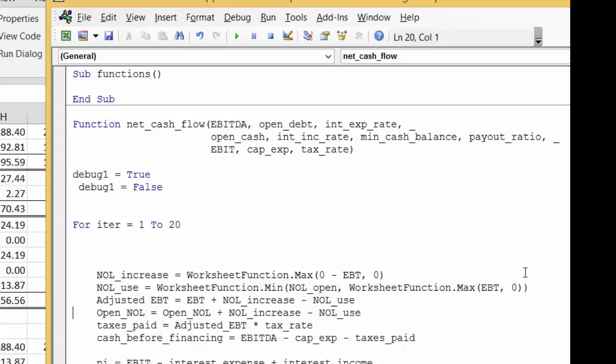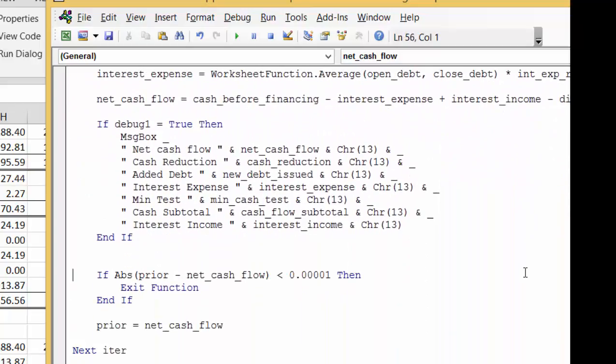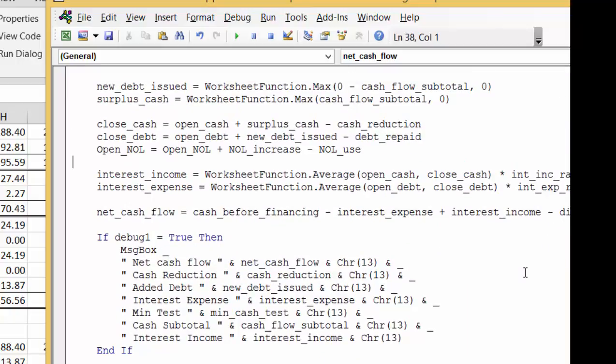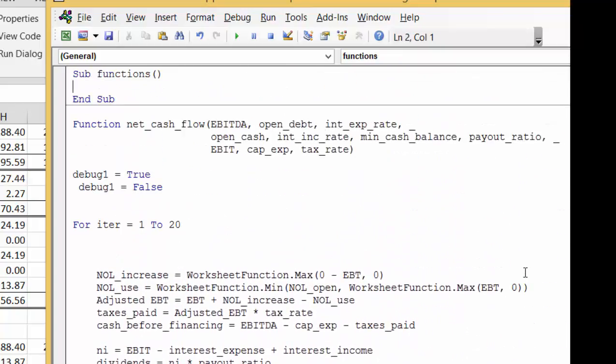I hope you see that we're just really copying exactly what we did before. And we might as well put that down here by the ending things. And we need to read in the opening NOL.